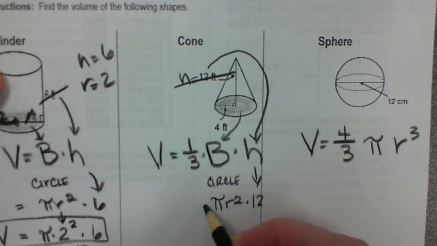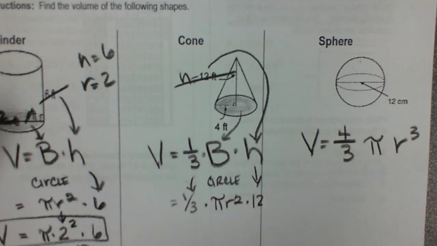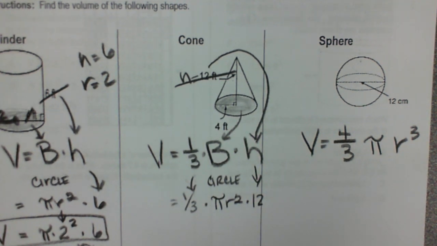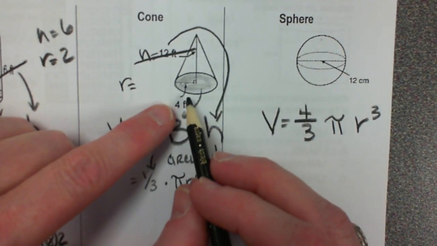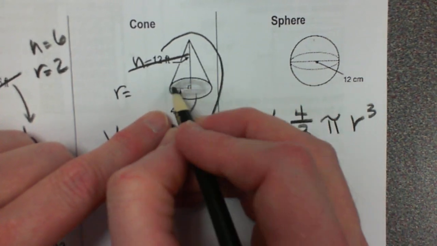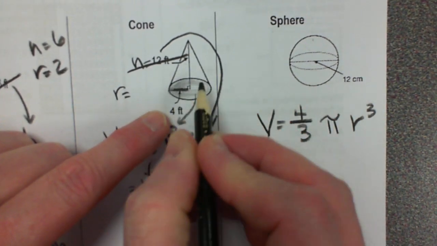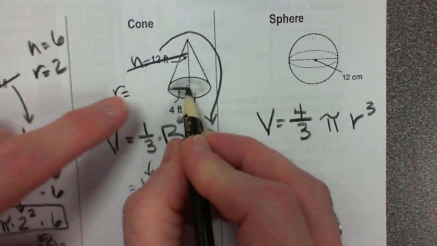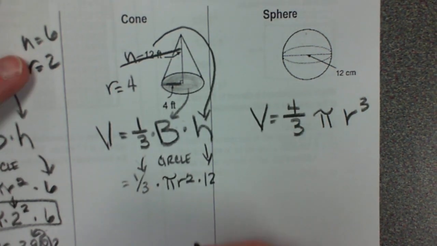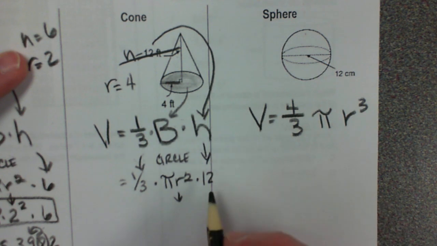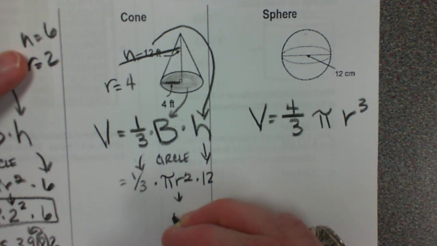So let's bring it in here. And as you're doing all this, you cannot forget your 1/3, because without your 1/3 is going to be an easy answer choice. Okay. Now we got to get my radius. Do I have my radius, or do I need to cut that 4 in half? You have the radius. I have my radius because it's simply from the center of the circle to the outside edge. That's the length that I need. I'm going to draw an arrow to show that I'm substituting that right here underneath the radius is going to be 4.